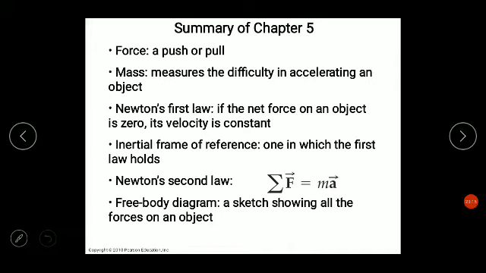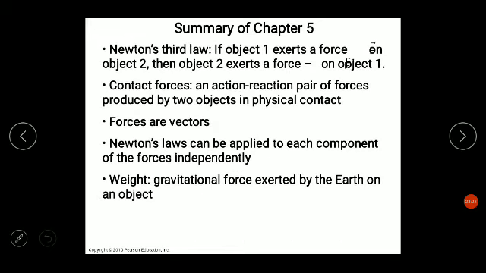And you have here the second law of Newton. Sum of force is equal to ma, or a is equal to net force over m. Then, important thing that we have to consider is the free body diagram. Third law of motion. For every action there is an equal but opposite reaction, and bear in mind that these two are actually occurring at the same time. Then the forces, the contact forces and the long range forces.